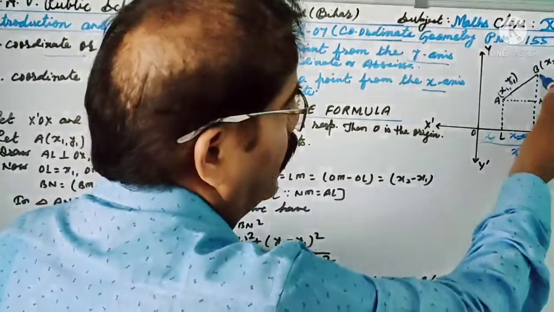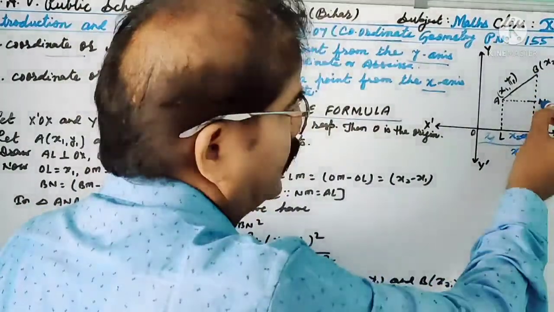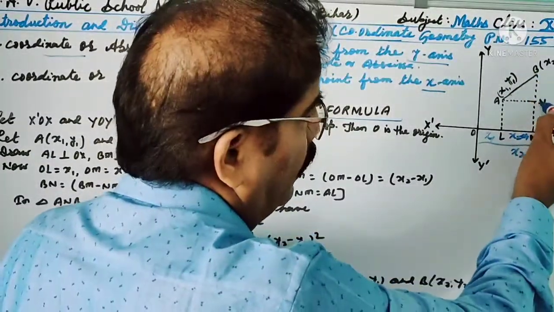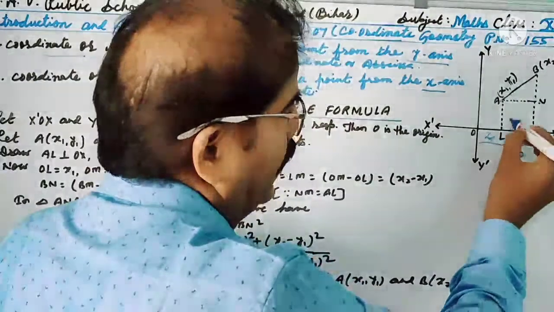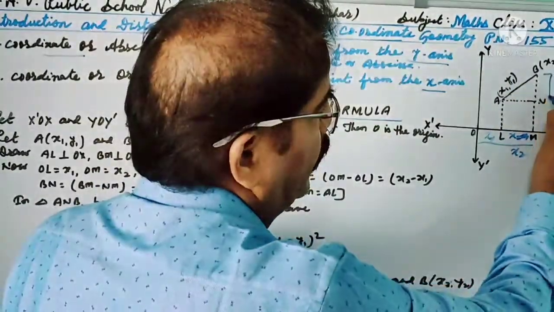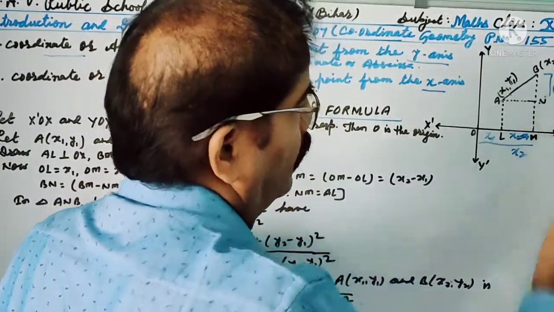So BN equal to BM minus NM, and BM equal to y2, NM equal to AL, AL equal to y1. So BN equal to y2 minus y1.